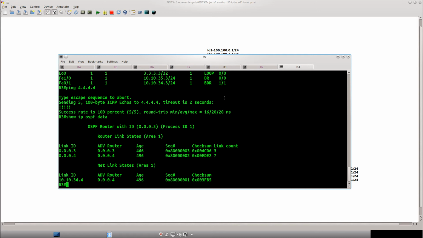We have that because we changed our router ID. It makes our life a lot easier. And we have a network link state. Remember, this is the DR that does this, and you get one per link. So this is in between router 3 and 4. All right, so two routers talking just fine.